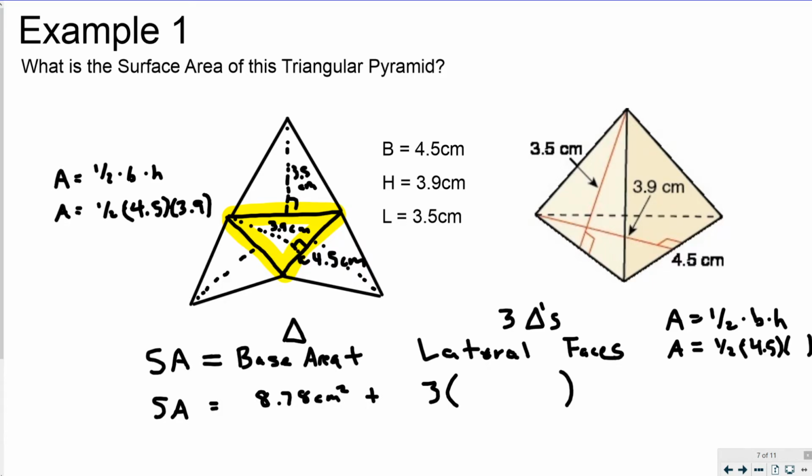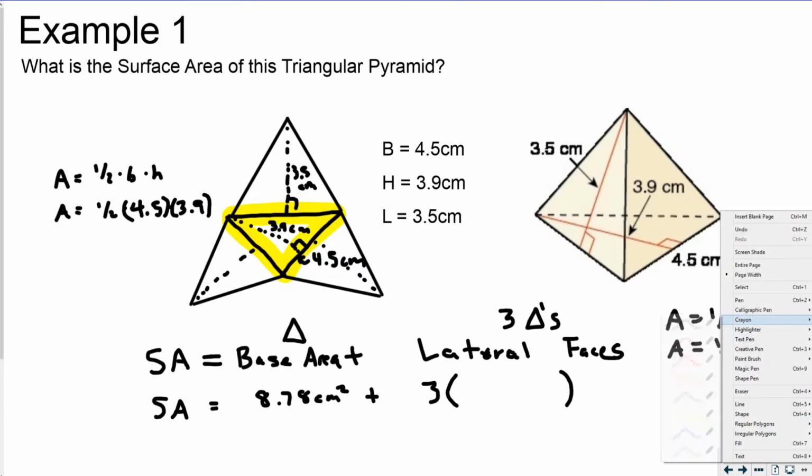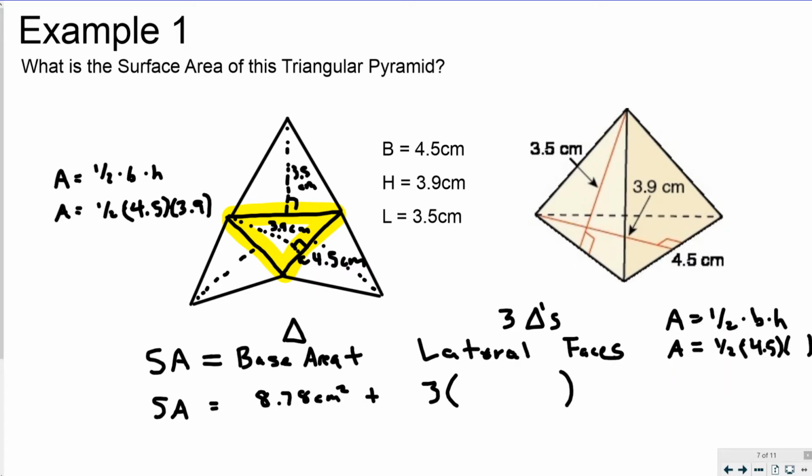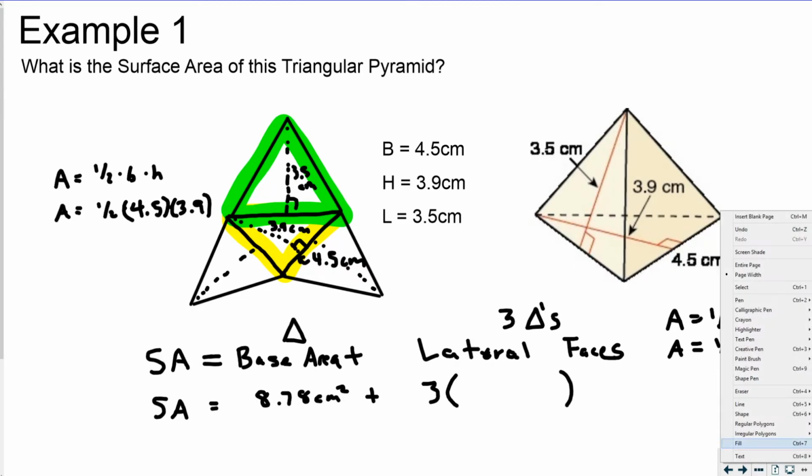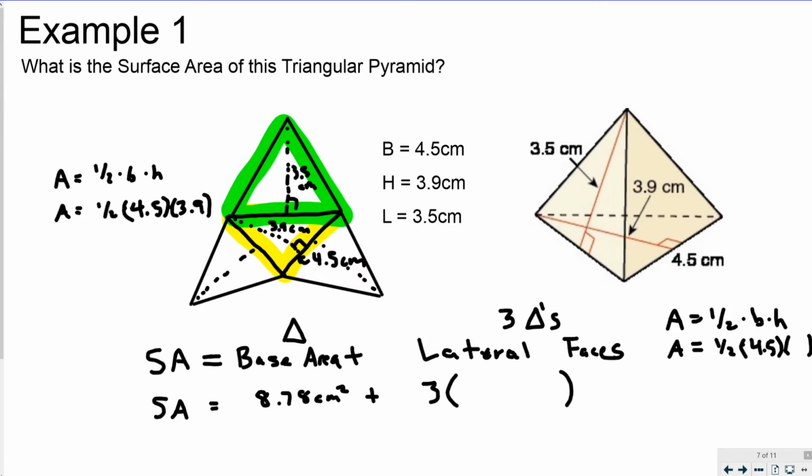Instead, what we're going to use is the 3.5, since the 3.5 is the lateral height, the L of the triangle, and I'll highlight the triangle in green that I am talking about. This triangle here has a height of 3.5 from here to here.